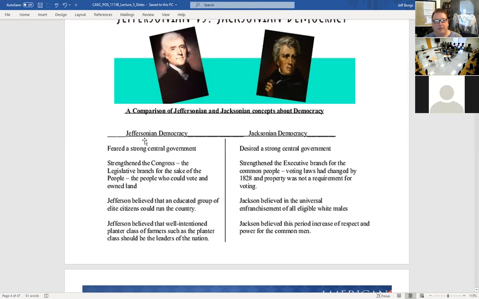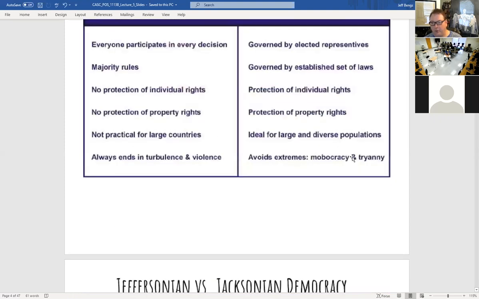So the Jeffersonian democracy went along for about 28 years, and then Andrew Jackson became president. And so we're talking about how our government moved more to this end.